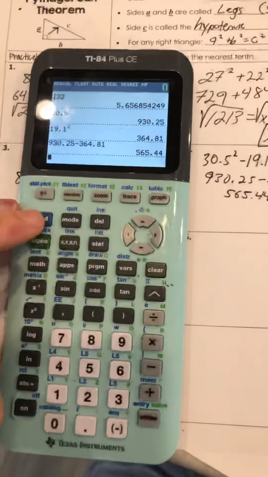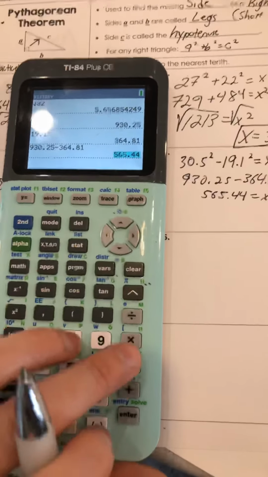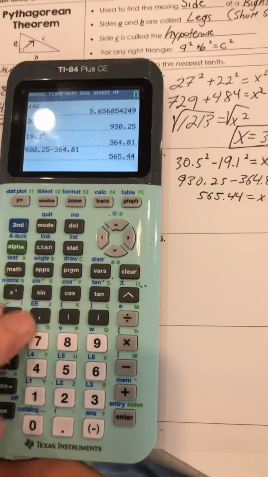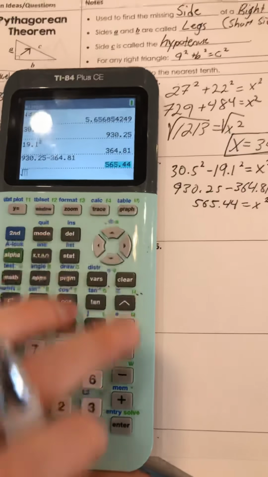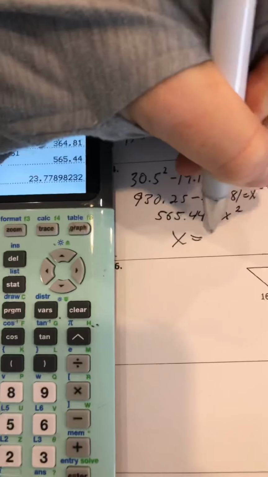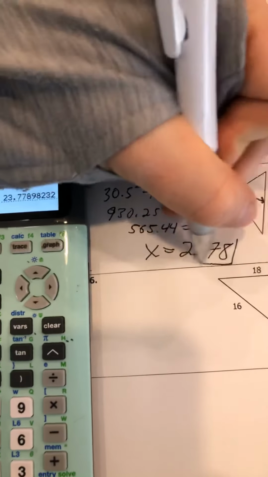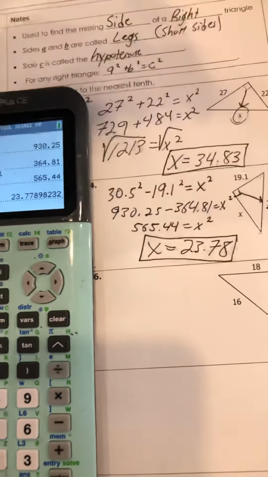And then we take the square root, and get x equals 23.78.